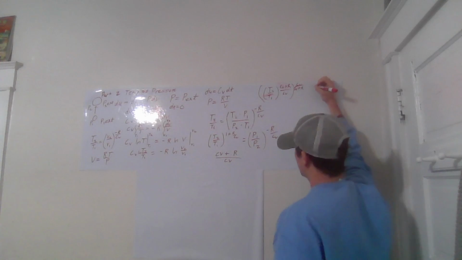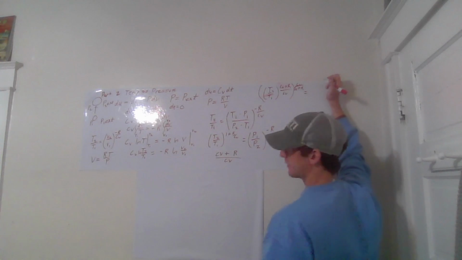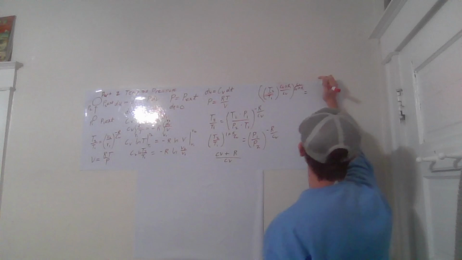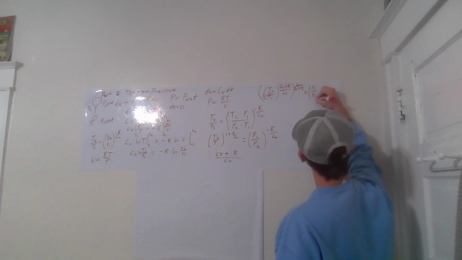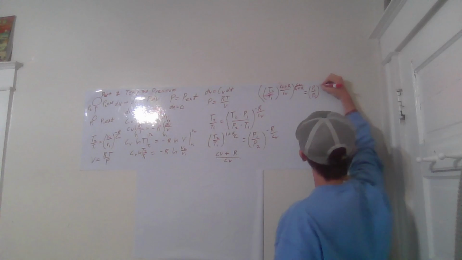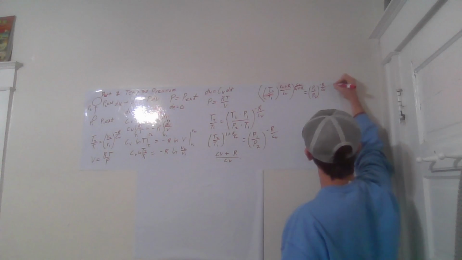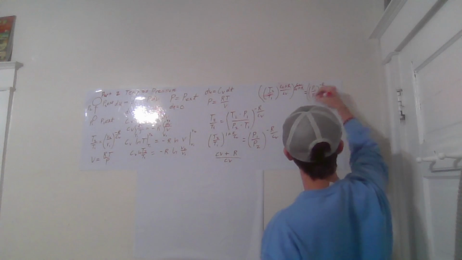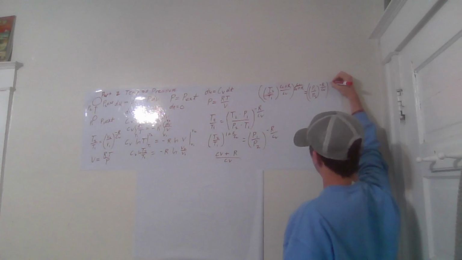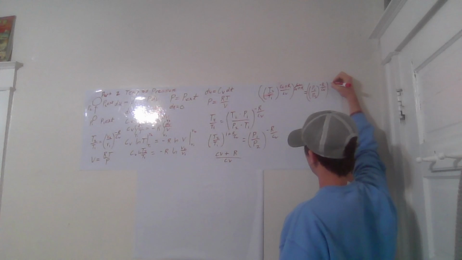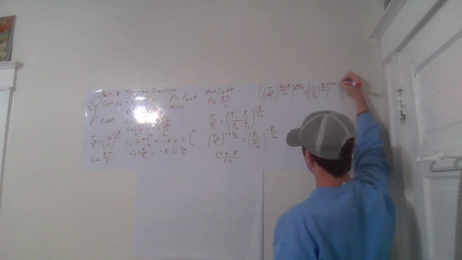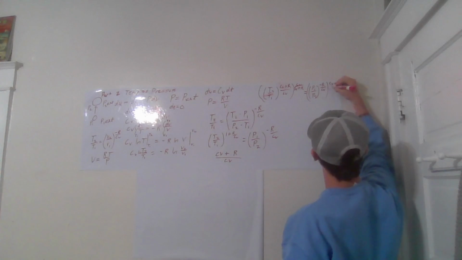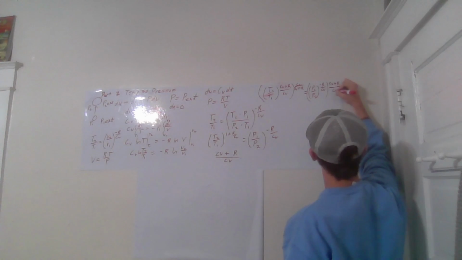And then we're also going to multiply the other side, because once you do it to one side, you have to do it to the other side. So you say P1 over P2 is equal to negative R over CV, and this times this, our CV plus R all over our CV again.